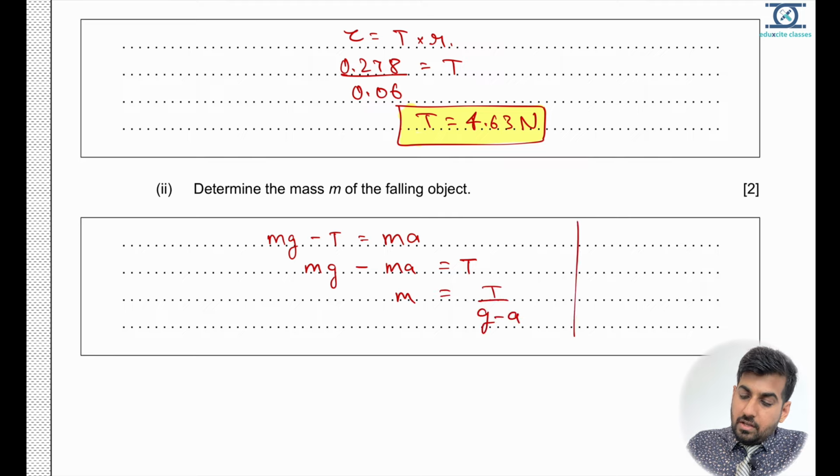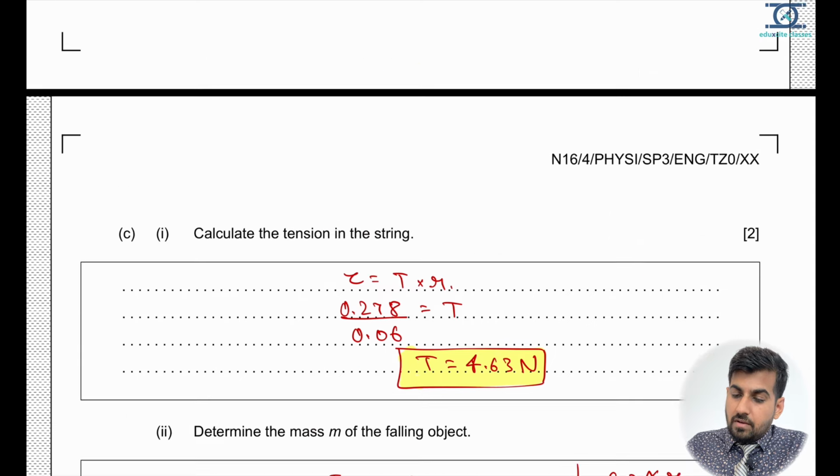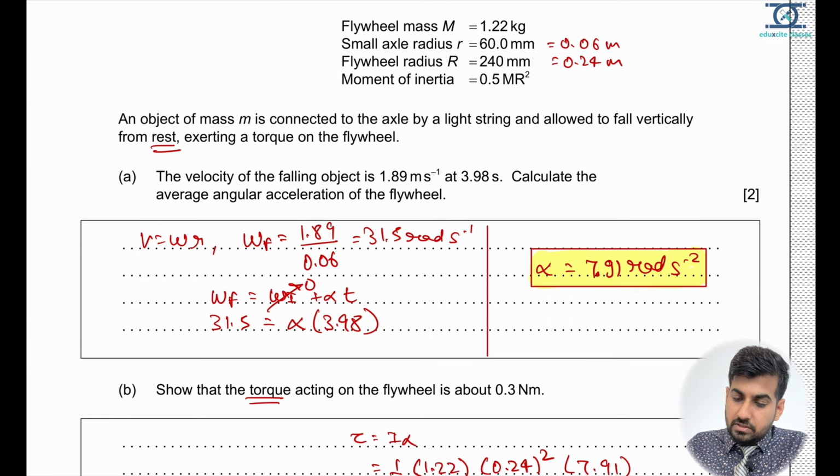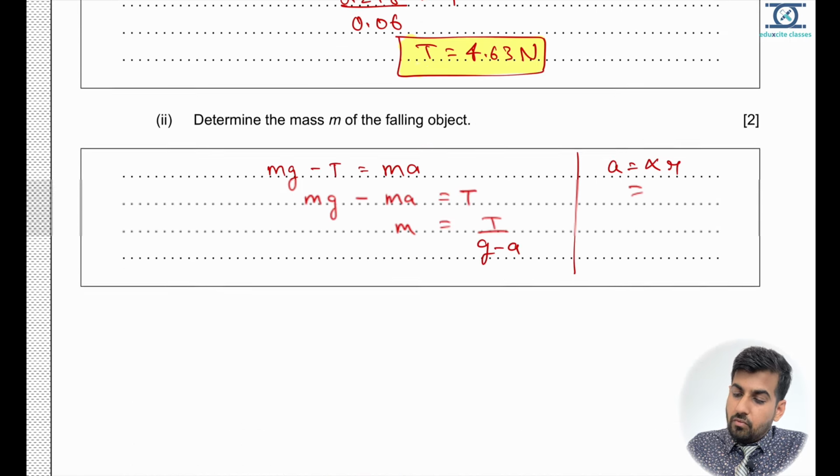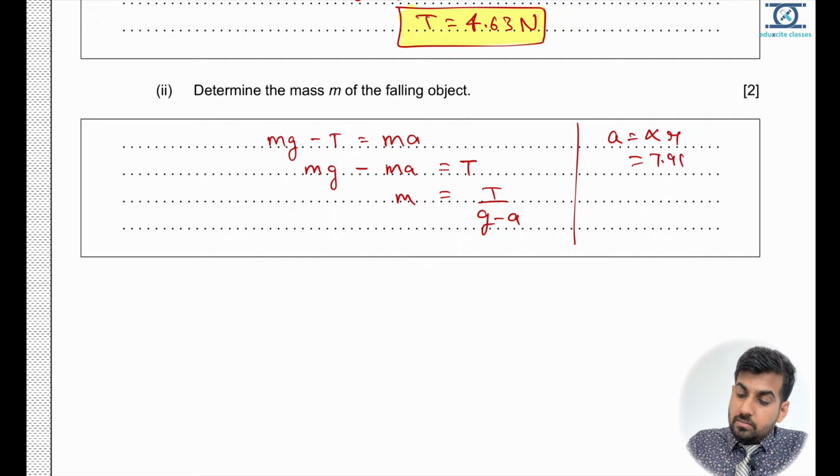Now for a, you can say a is alpha times r. Alpha, the angular acceleration of the flywheel we have calculated, is 7.91, times r.